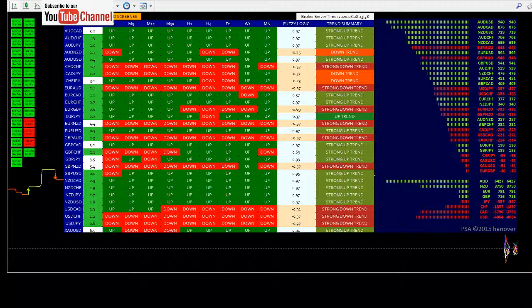Let's see how many pips stop loss I can use here. I'm gonna use a 7 pip stop loss just below the breakout candle.